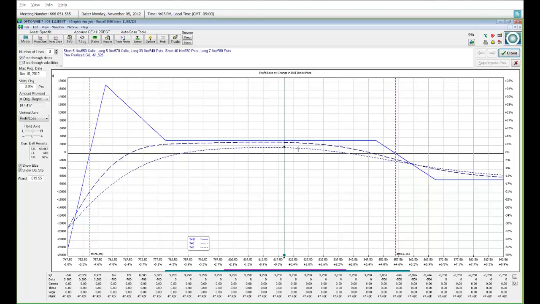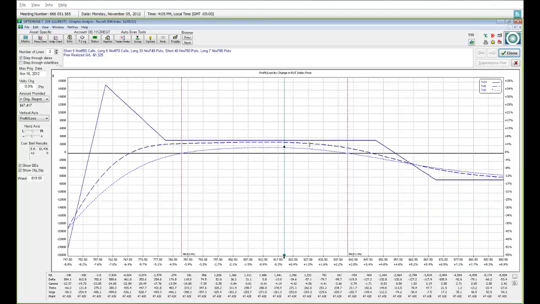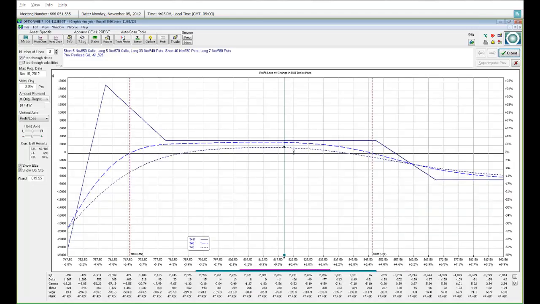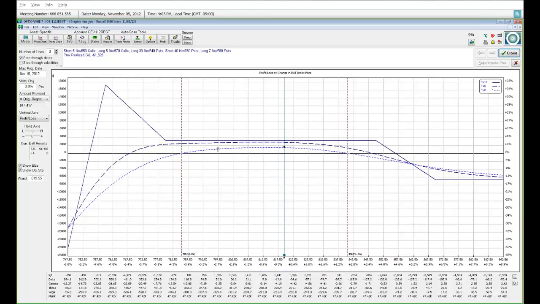Now, you're going to see dotted lines. This one I'm going to highlight right here, this lower line. That represents today.